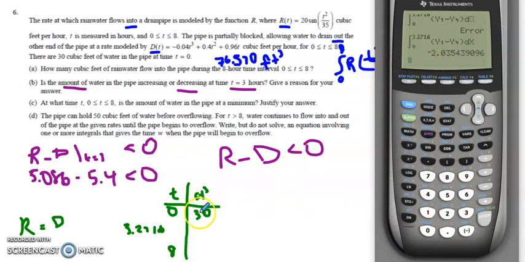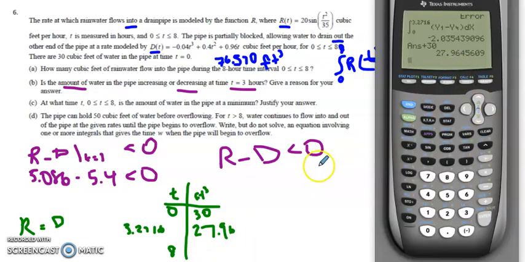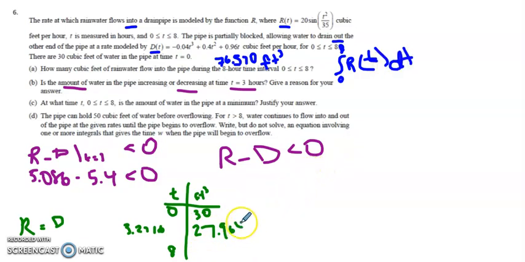Remember that we started with 30, so I have to add 30 to the total change to find out that at time equals 3.2716, we had 27.964 or 5 cubic feet. Now we've got to do the same thing for time equals 8.